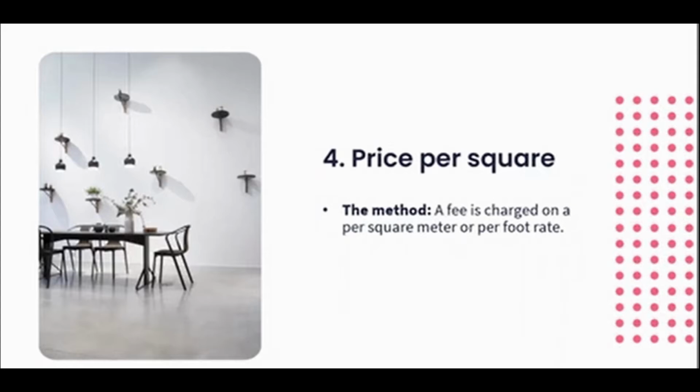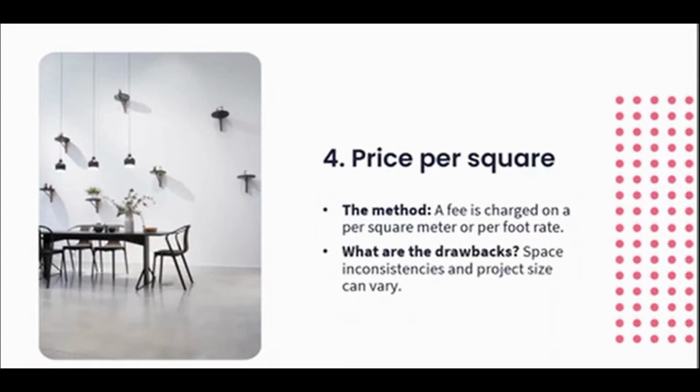So for example, I went to my client and I measured out 10 square meters of the space, and let's say my per square meter rate is $55 or 500 Rand. I would multiply that by the square meters. So $55 times 10 square meters equals $550, and that is then my rate for that project. So my per square meter rate is the $55, and that I can tell the client up front.